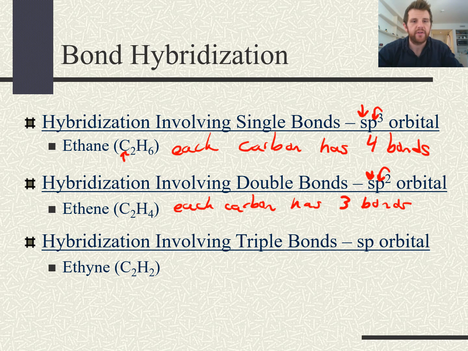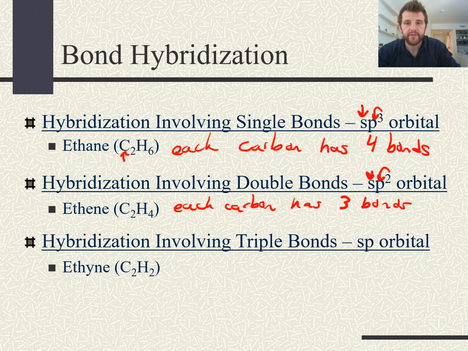And this is all about how many bonds are being made. So in this situation, each carbon has 4 bonds. So then what we say is it's got an S and then 3 P's to make 4. If it's a double bond, that means each carbon has 3 bonds.